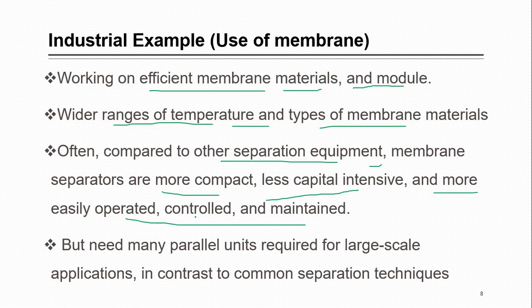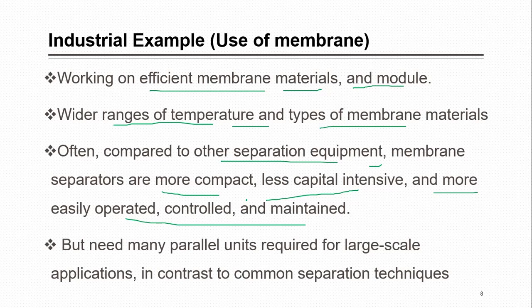I can't give you one number here for a large flow rate, but if you look at various industrial processes and capacities of membranes, you can get the idea. One thing I can tell you is that in the process which we have discussed for the separation of hydrogen and methane, each module has a surface area of 4000 square feet. So overall, 16,000 square feet of surface area will be needed for this separation.